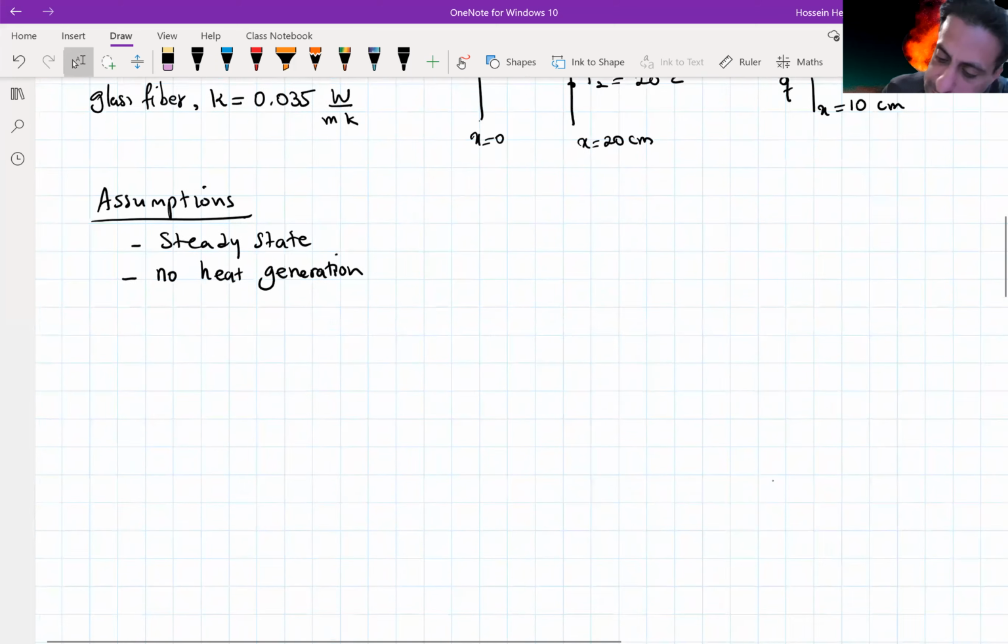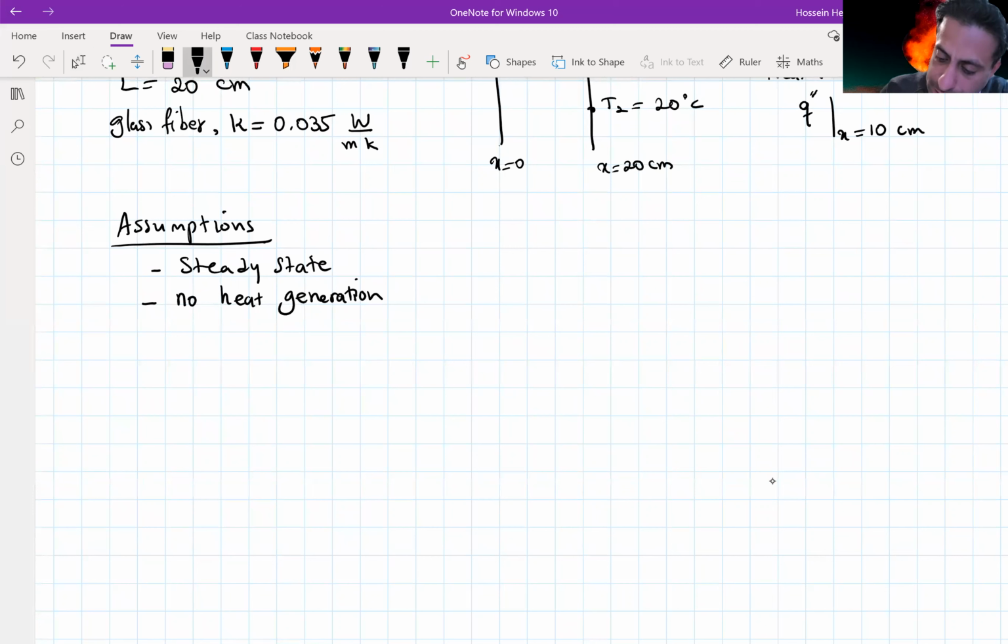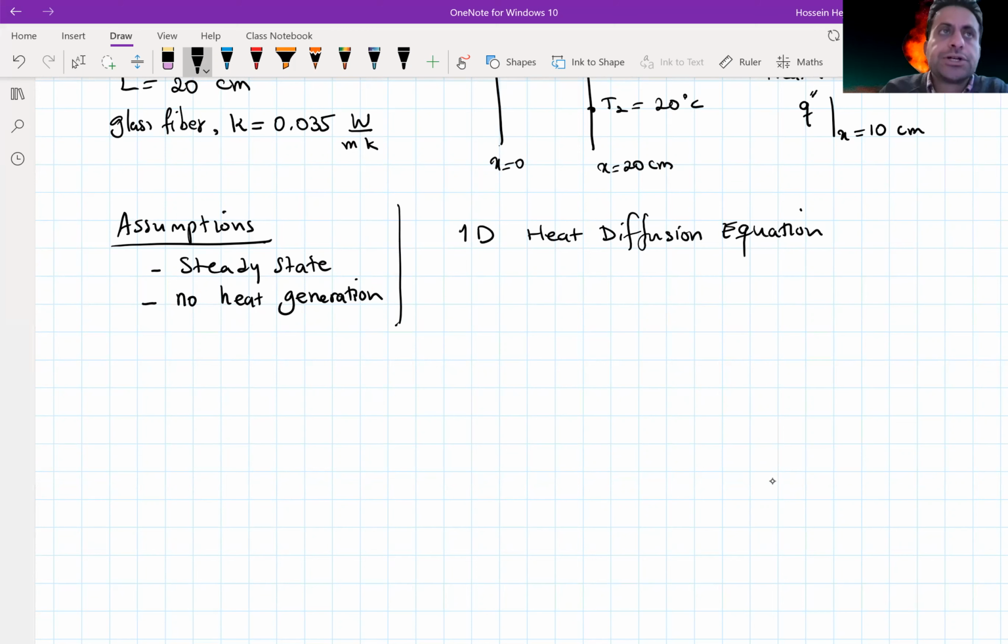So starting that, just going to write through here the 1D heat diffusion equation. I'll write it in the general format, which is d²T/dx² plus q dot over k equals 1 over alpha, or rho c over k, dT/dt.